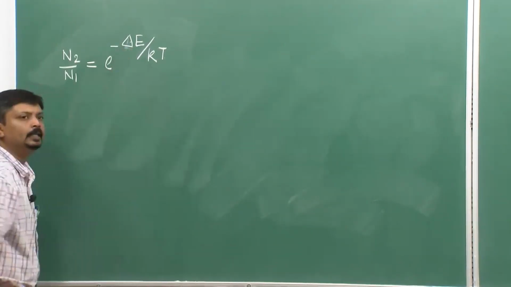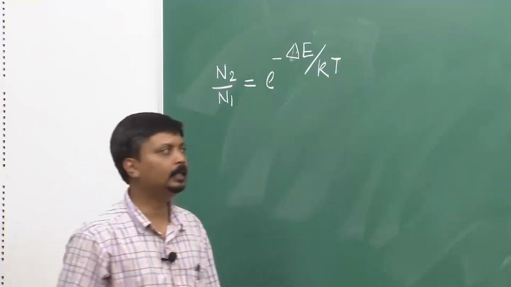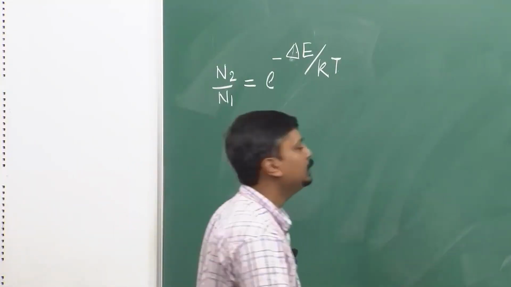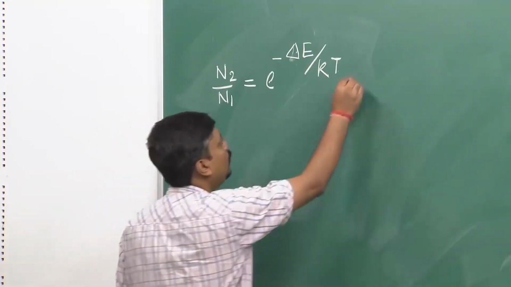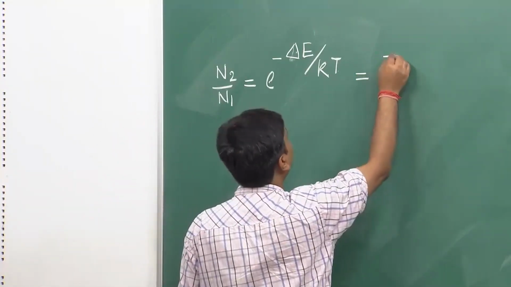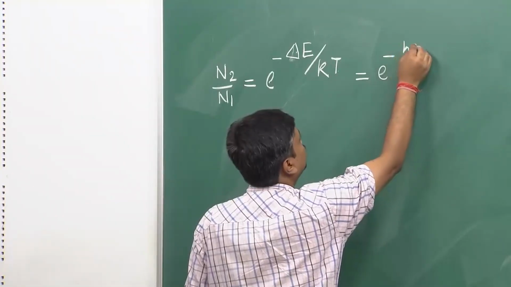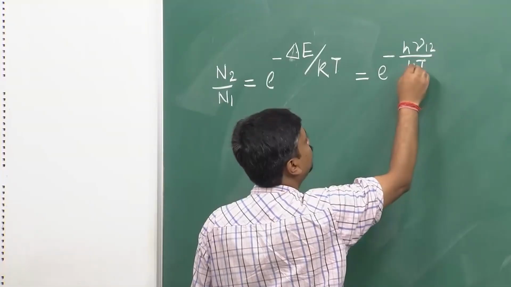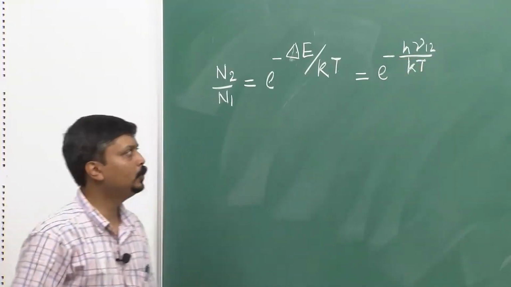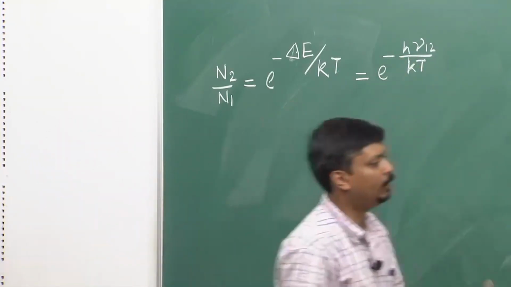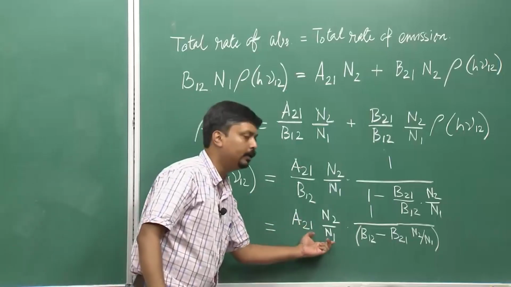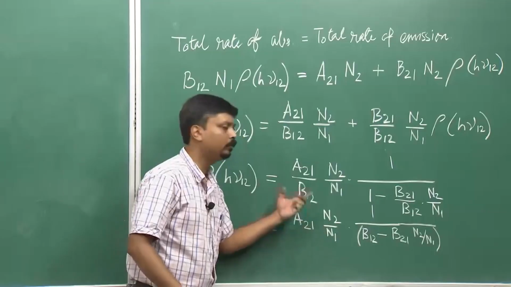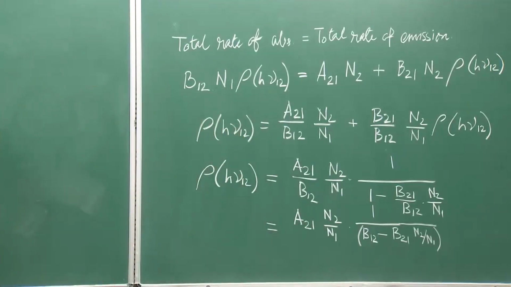And in our case, this delta E is E2 minus E1, which is equal to h nu 12. So, I can write this as e to the power minus h nu 12 divided by kT. Now if I take this value of N2 by N1 and replace it here, I will get an expression in terms of that exponential term, right.